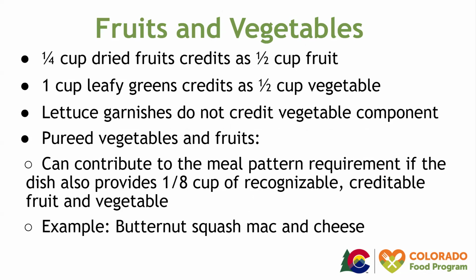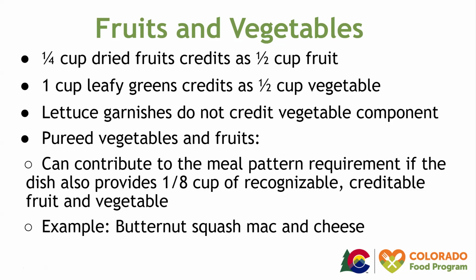So the CACFP meal pattern requires that fruits and vegetables reflect the minimum portion sizes for the various forms of produce. So a quarter cup of dried fruit would credit as half a cup of fruit. 1 cup of leafy greens, such as your salads, will credit as half a cup of vegetables.